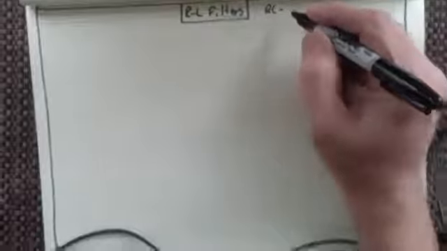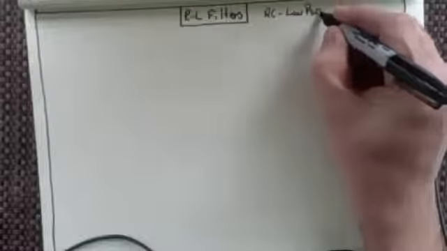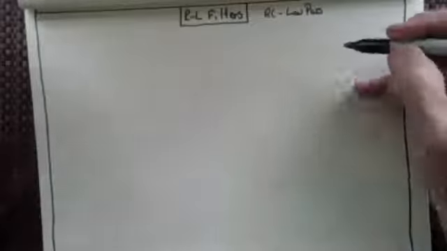If you remember, I said that an RC circuit, and that would be the resistor first and the capacitor second, is a low pass filter. And of course, the way that I remember that is because RC was a low quality cola, right?